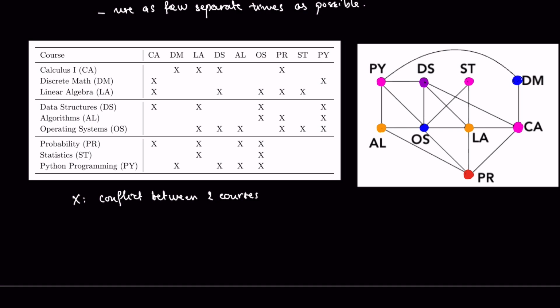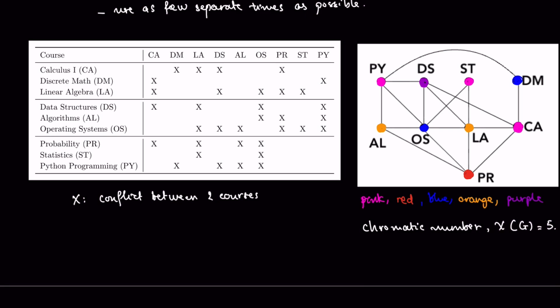Okay, so how many colors have we used? Let me see, there's a pink color, there is red, there is blue, there is orange, and there is purple. So we used 5 different colors. And because we used 5 different colors, the chromatic number of the graph is 5.